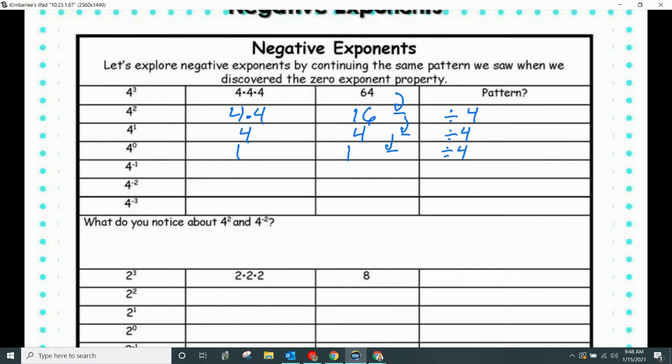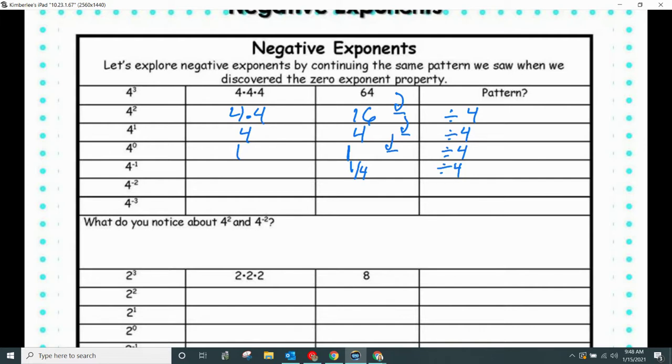Well, guess what? The pattern has to continue. So 4 to the -1 equals what? Well, I have to take this 1 and divide it by 4. Well, that is 1 divided by 4. Oh, so with negative exponents, we seem to be getting a fraction here. Okay, well then, let's think about it.